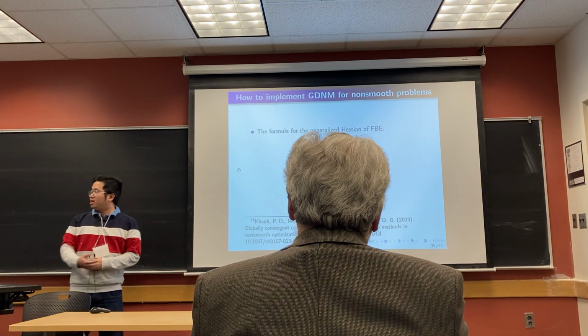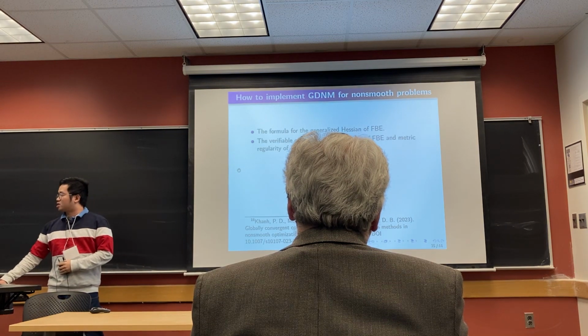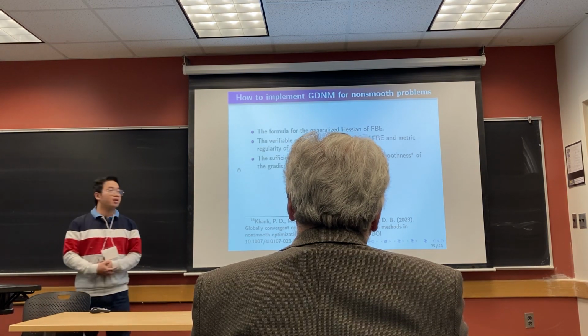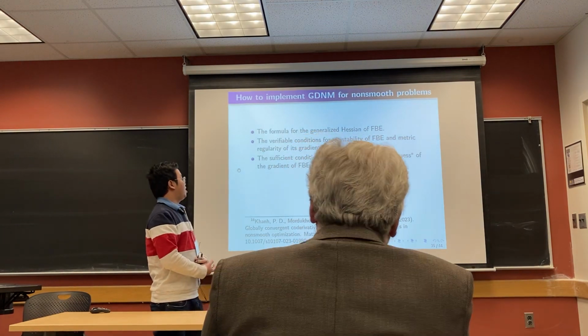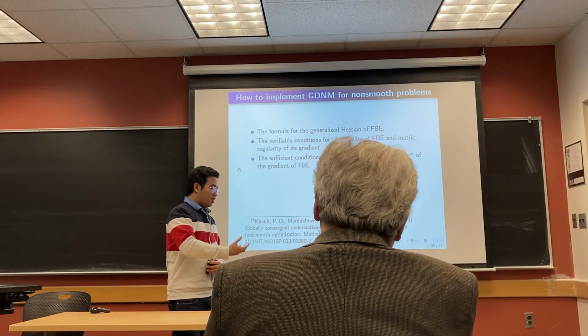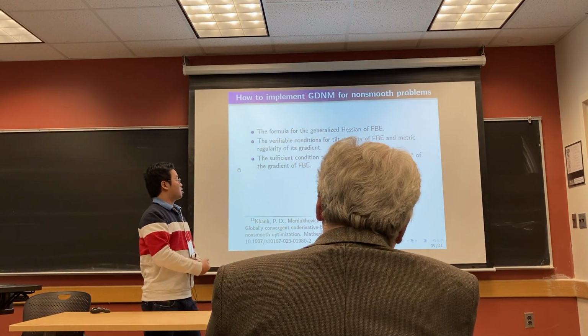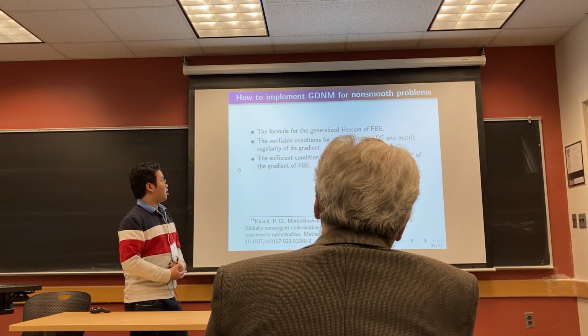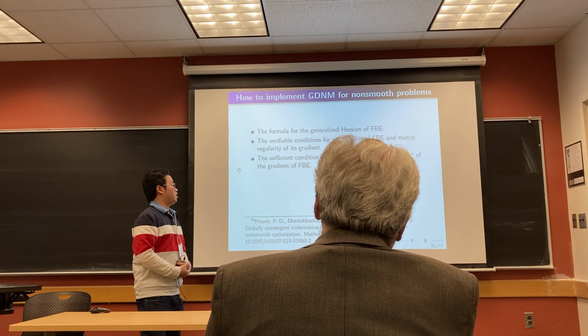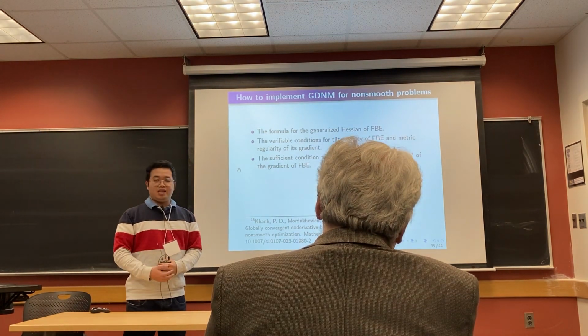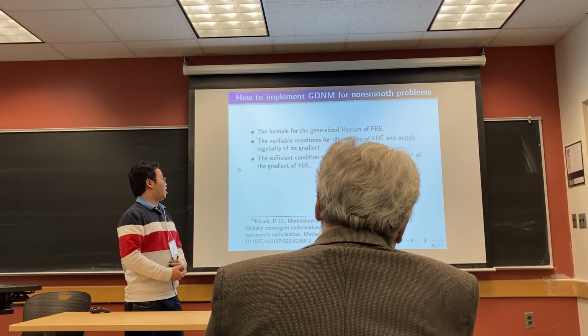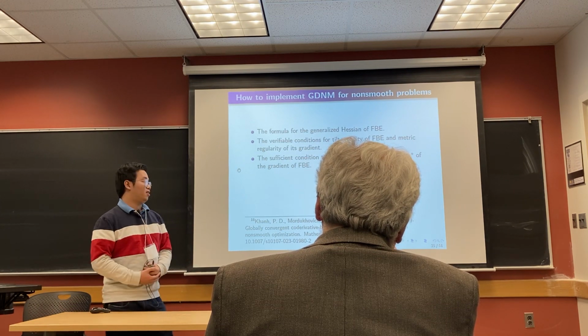To implement our method to solve non-smooth problems, we need the formula of the second-order differential of the forward-backward envelope. We need the condition to get the T-stability of the forward-backward envelope and metric regularity of its gradient, and the sufficient condition to guarantee the semi-smoothness star of the gradient of the forward-backward envelope.